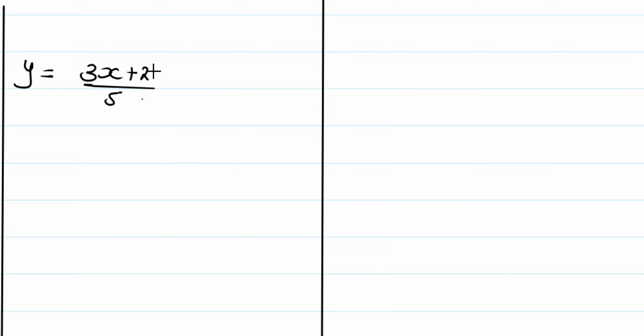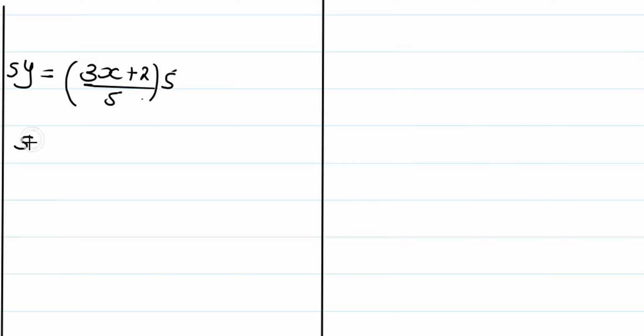Since this 5 divides everything on the right side of the equal sign, I can put it in brackets like this, and then multiply the whole of this side by 5, so that 5 divided by 5 is 1 and eliminates this 5 here. But since I've multiplied by 5 on this side, I need also to do the same on the left side. So I'll multiply this y by 5 too. So it will be 5y.